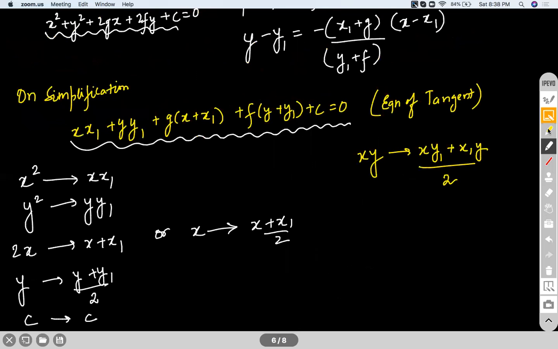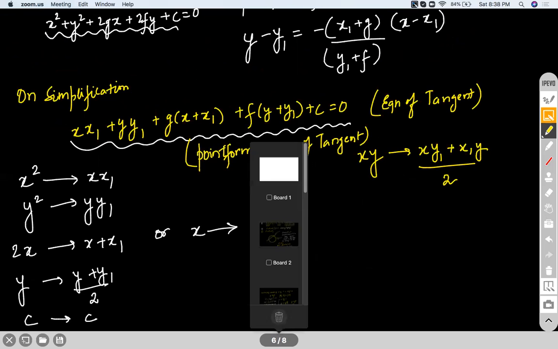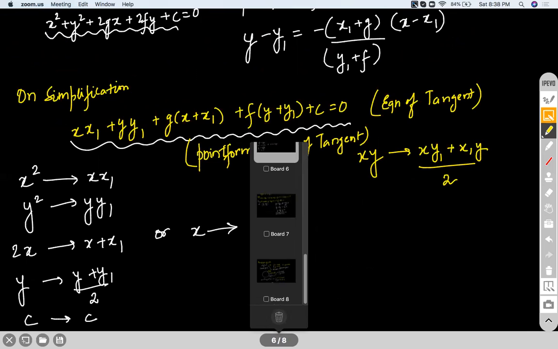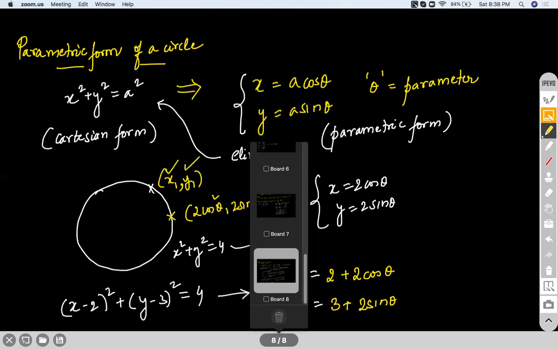Yeah, this form is called the point form of the equation of a tangent. Any questions here? No. Clear? Okay.